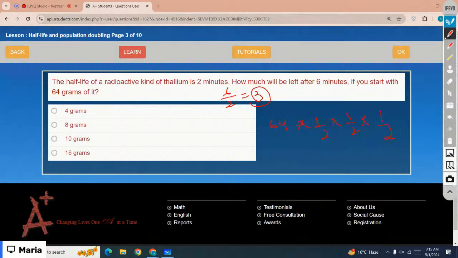So which is the correct option? 2 times 2 is 4, and 4 times 2 is 8.